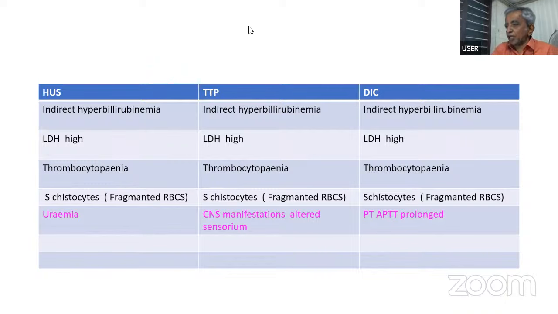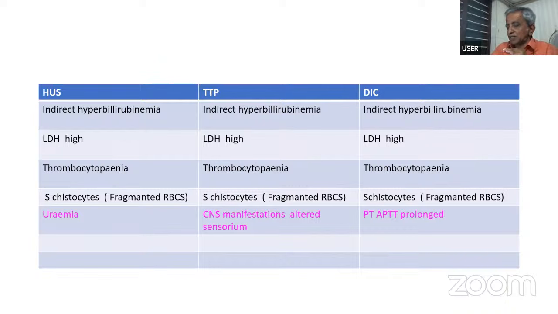No, TTP can be inherited or acquired. So ADAMTS13 deficiency, that one protein is a metalloproteinase. That deficiency can be congenital or antibody mediated. So it can be congenital or acquired. Both have been described.